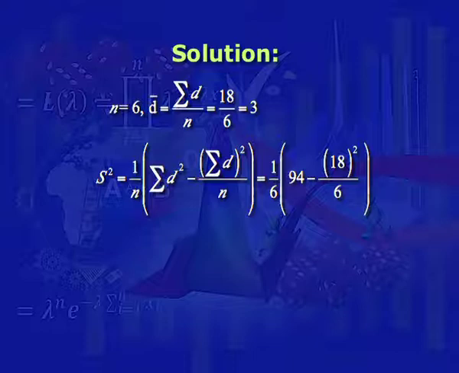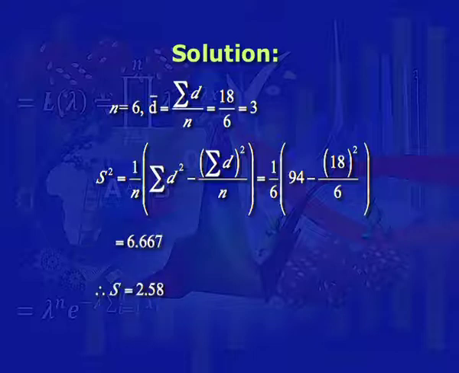Substituting the values of summation d square and summation d from the earlier table, we get 1 upon 6 into 94 minus square of 18 divided by 6. On simplification, we get the value of s square as 6.667.